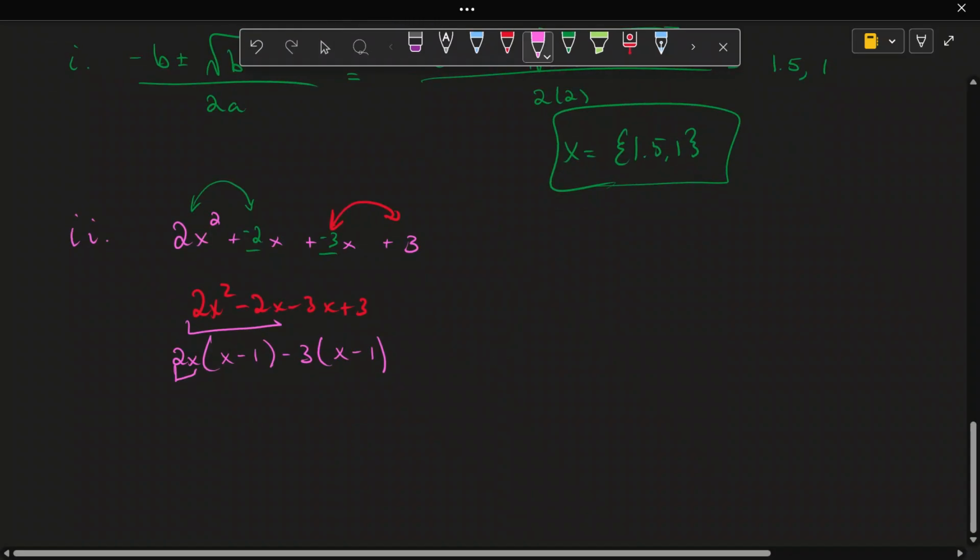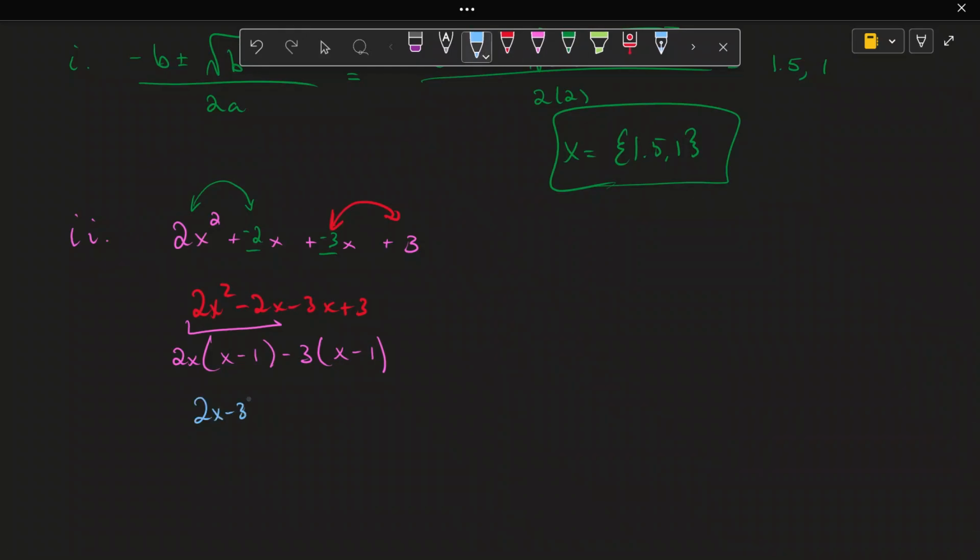Then this 2x and the minus 3 combine. 2x minus 3 becomes one factor, and x minus 1 becomes the other. So now you have your equation. This is all set equal to 0. You have x is equal to 3 over 2, and x is equal to 1, just like we had over here. It's the same answer.